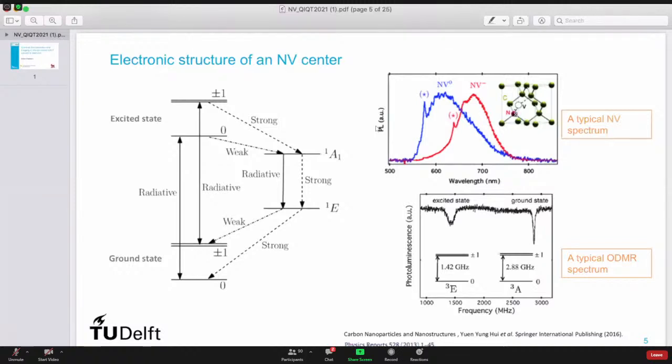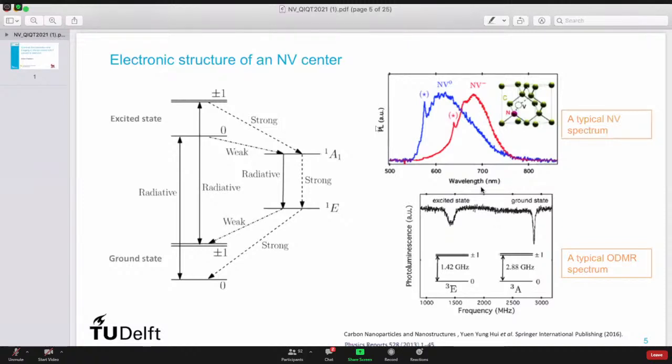The frequency spacing between these two dips signifies the Zeeman splitting between the ms = ±1 levels. The same thing happens in the excited state. So when one sweeps the frequency, one can see these dips in the spectrum, both in the excited and the ground state, as shown in this picture.